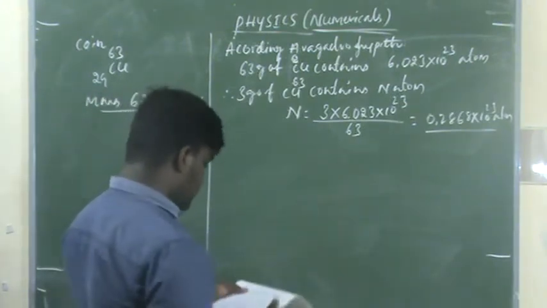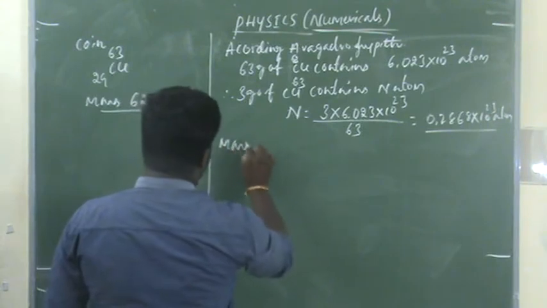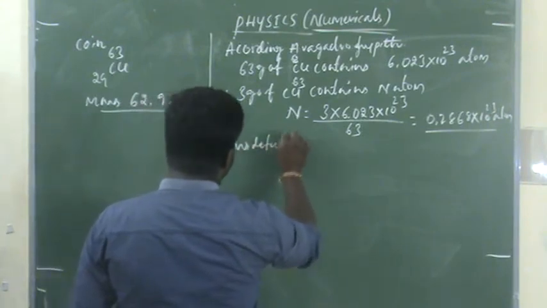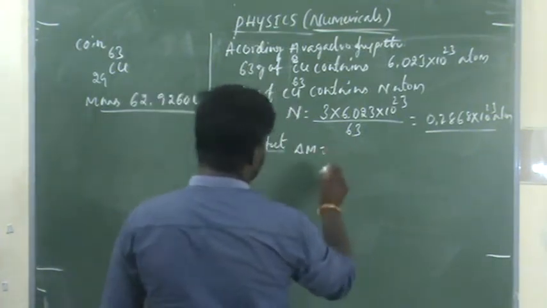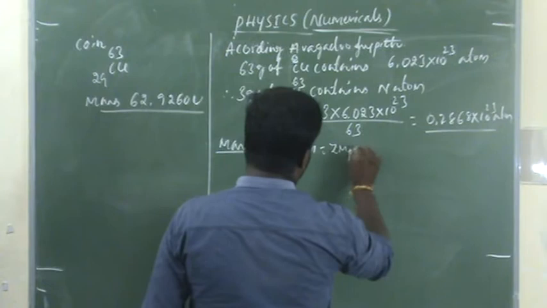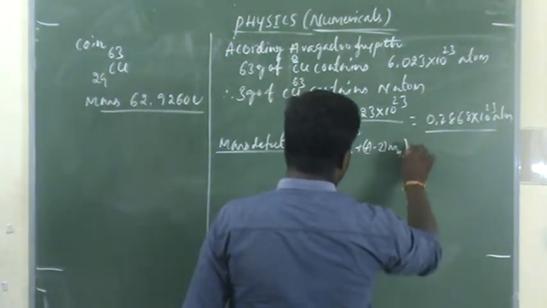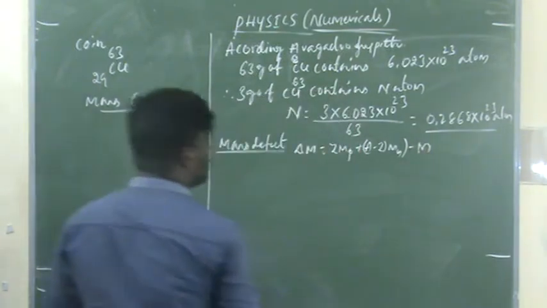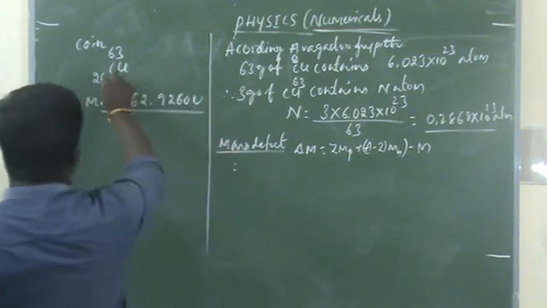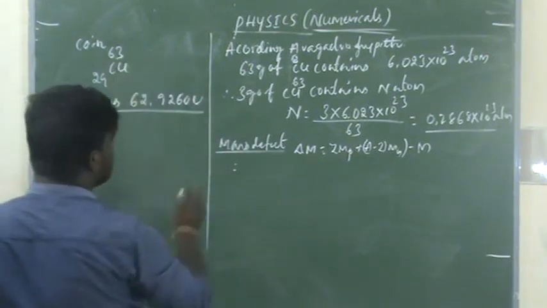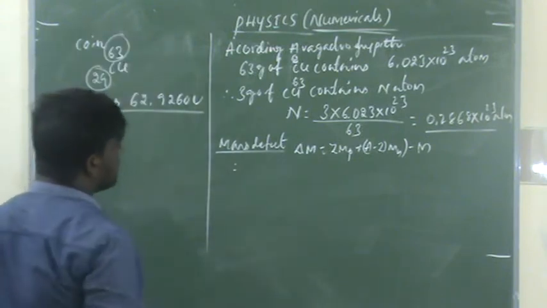So this is the n value. Next is the mass defect. What is the formula for mass defect? Delta M is equal to Z Mp plus (A minus Z) Mn minus the rest mass of the nucleus. Here, for 29 copper 63, the atomic number is 29 and the mass number is 63.